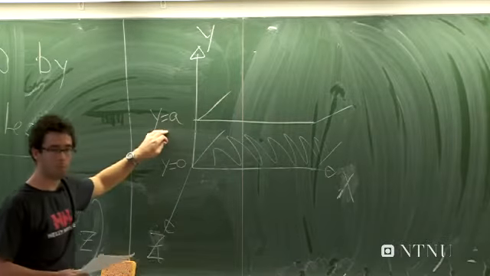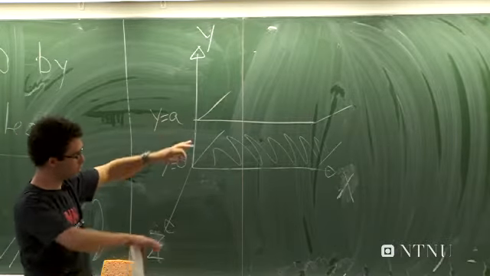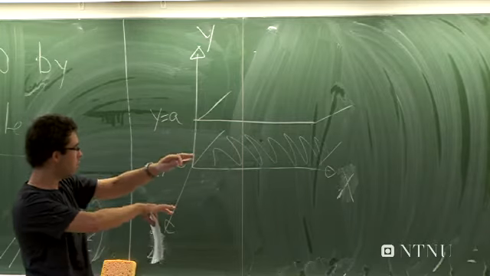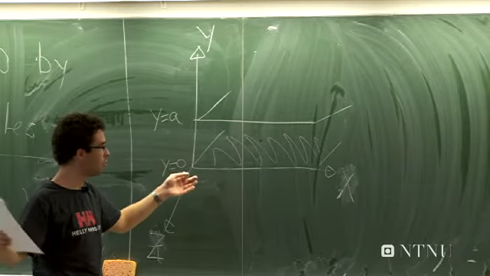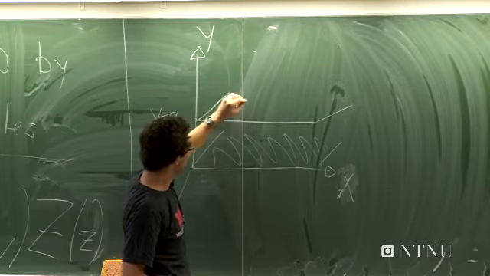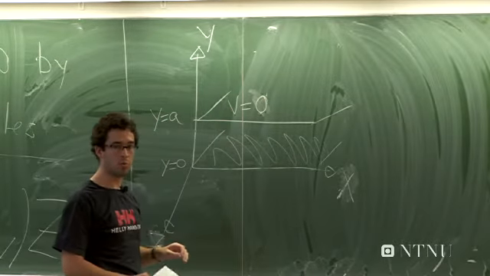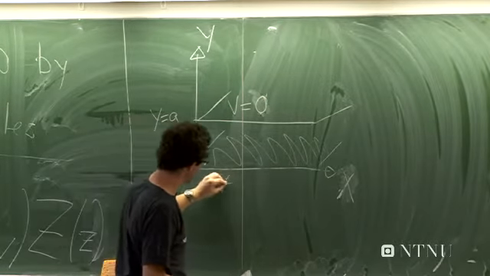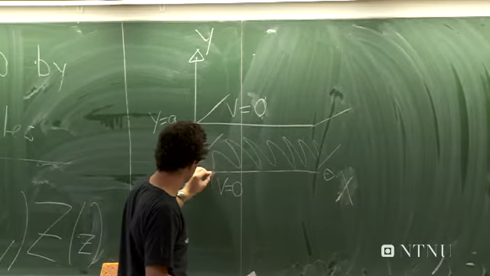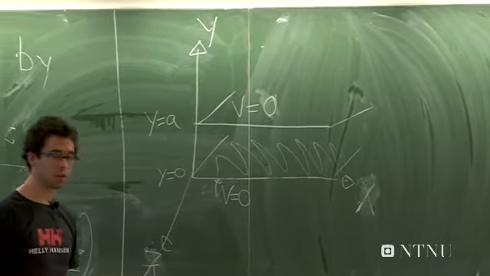And there's also a metal plate at y equals a. So there are two metal plates, and they're starting at x equals 0 and stretching out into infinity. And I'm going to put V equals 0 on both of these plates, like this.